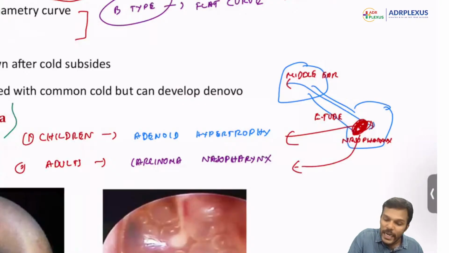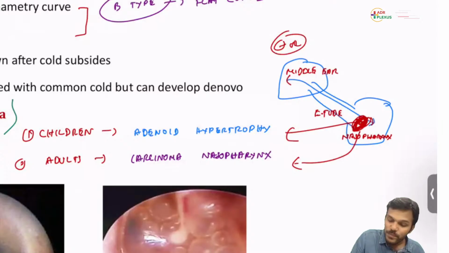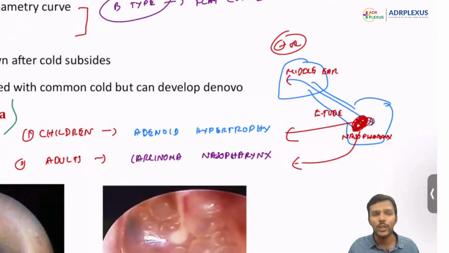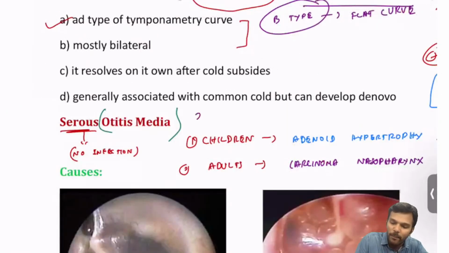It leads to negative pressure in the middle ear. The negative pressure leads to serous fluid accumulation, which leads to serous otitis media, or OME, otitis media with effusion, or blue ear.